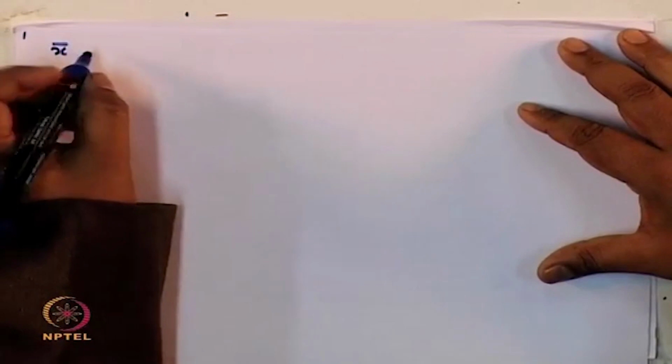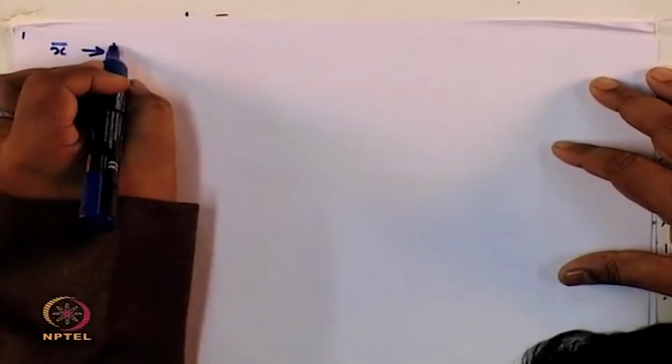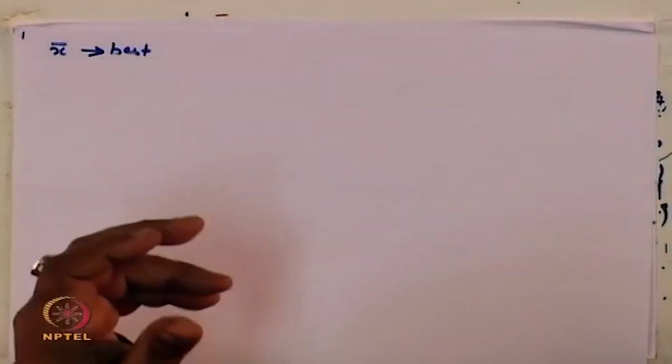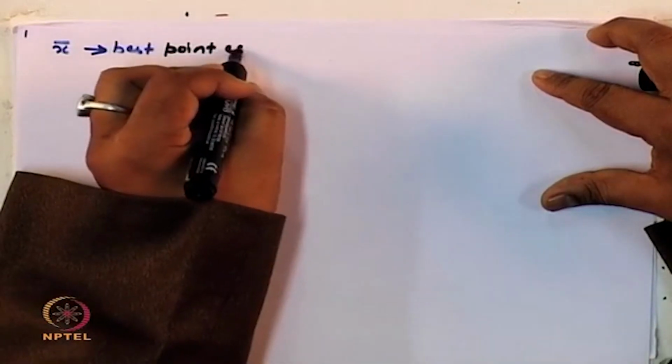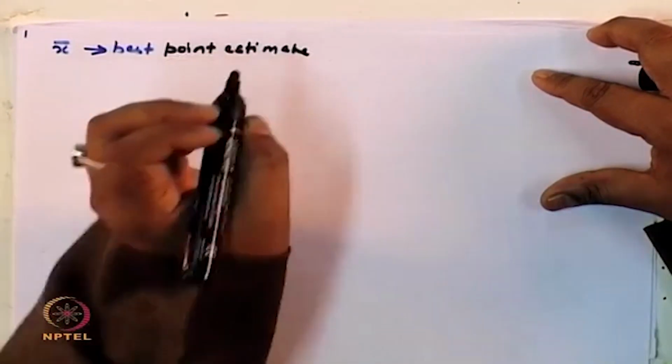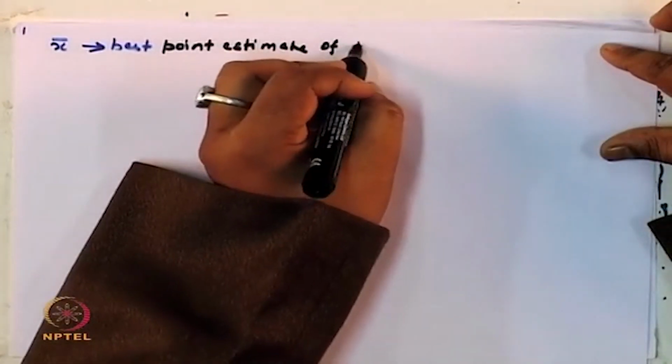Hello and welcome to today's class. So, in the last lecture we had discussed confidence intervals, point estimates and interval estimates, right. We had shown and discussed that for any sample, x bar is the best point estimate of the population mean.